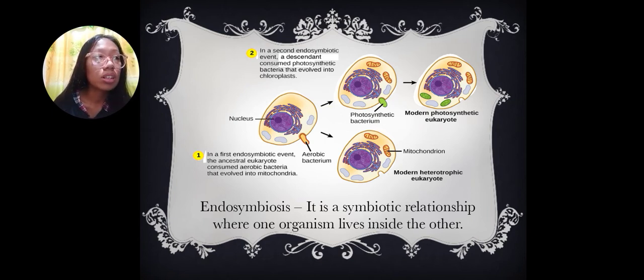Like mitochondria, chloroplasts are also thought to have originated from primitive bacterial cells through the process of endosymbiosis. Endosymbiosis is a symbiotic relationship where one organism lives inside the other.